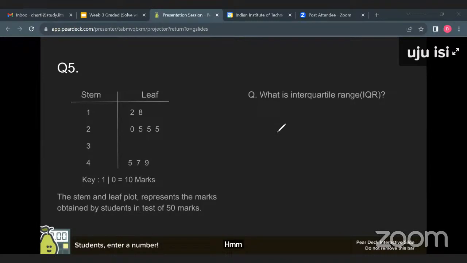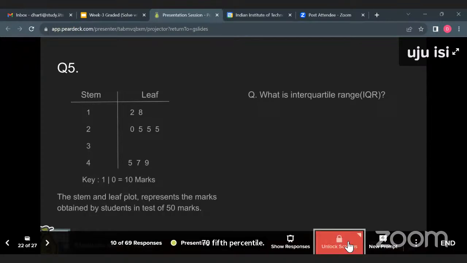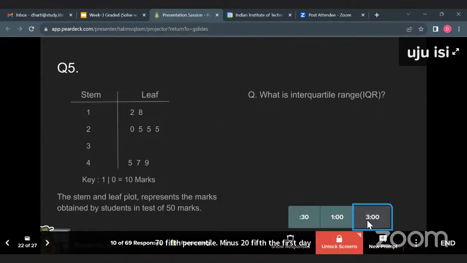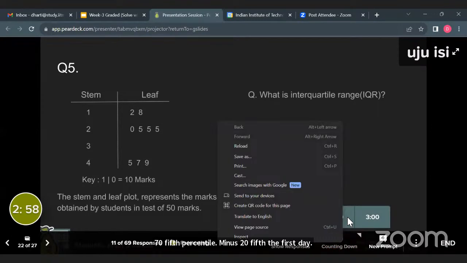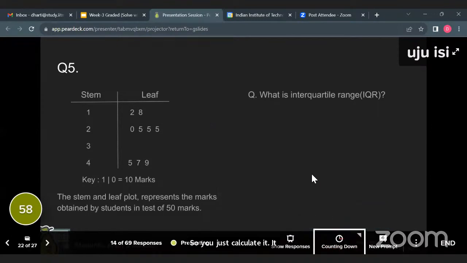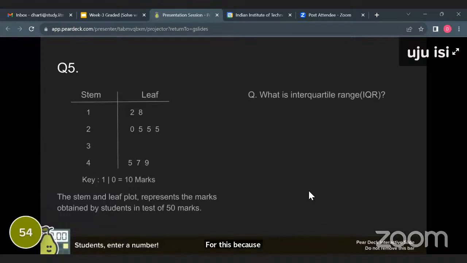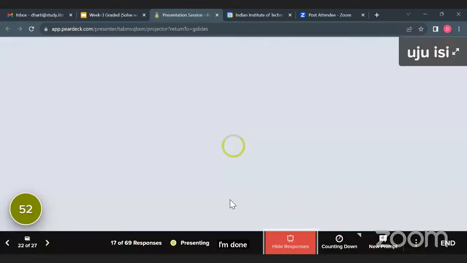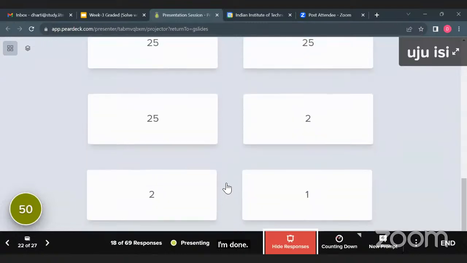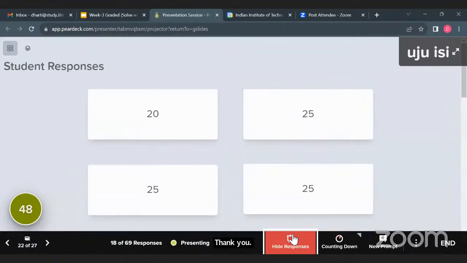Yes, it is the 75th percentile minus the 25th percentile. So you just calculate it. One minute is enough, right? Because we have already calculated. 10 seconds. Okay, 10 seconds, fine.